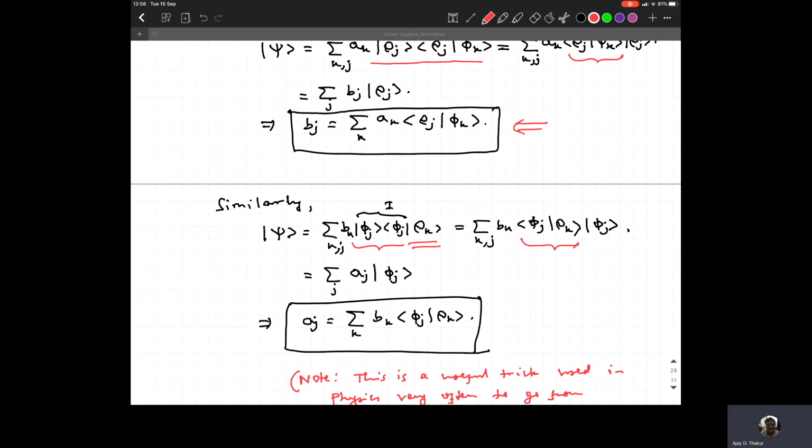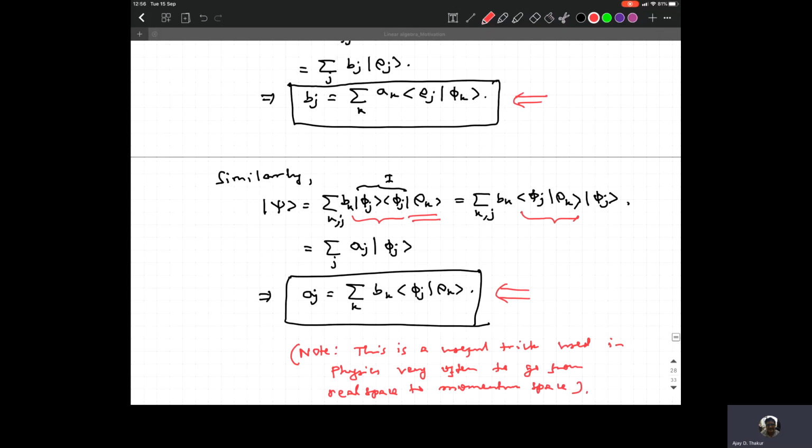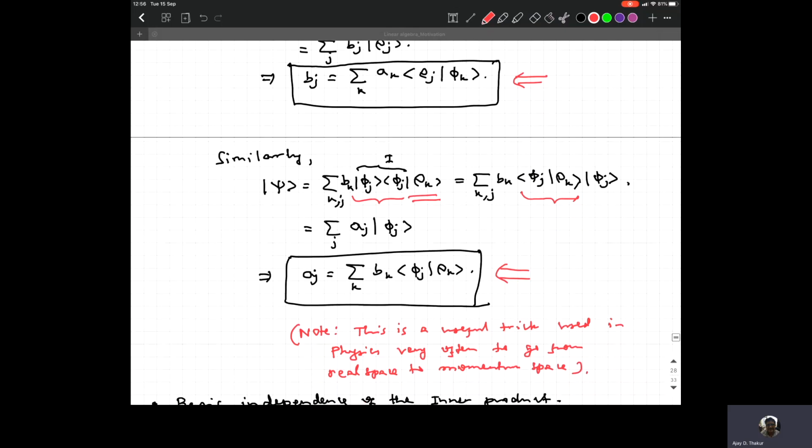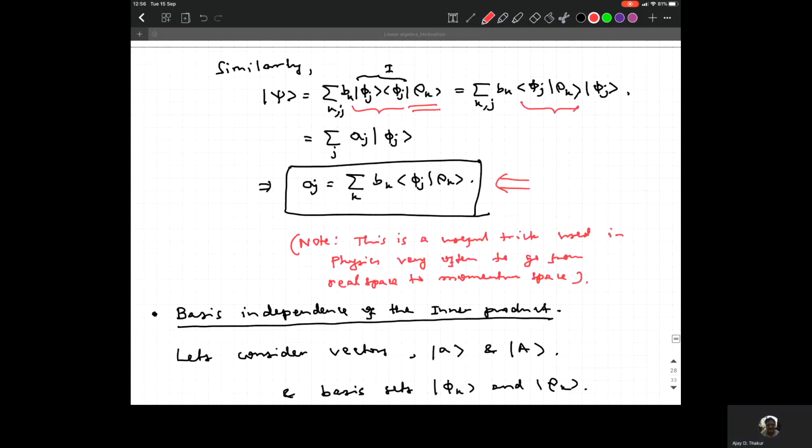That gives us the relationship between aj's and bk's. So that's how one can see that a given vector can be transformed from one basis set to another basis set. This is particularly useful in physics when we are doing quantum mechanics, where one has to make the transformation between real space and momentum space quite often.